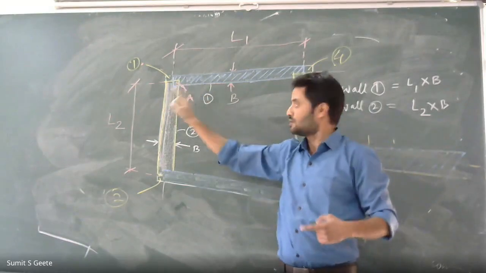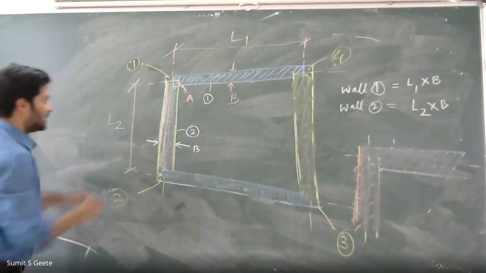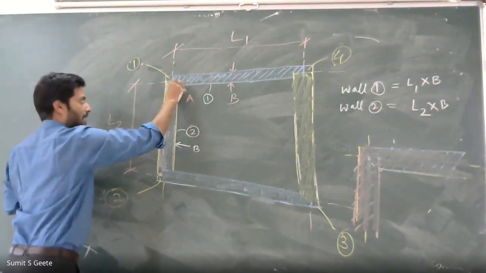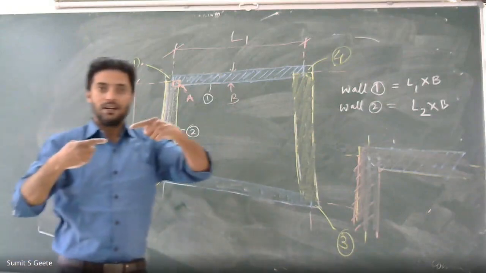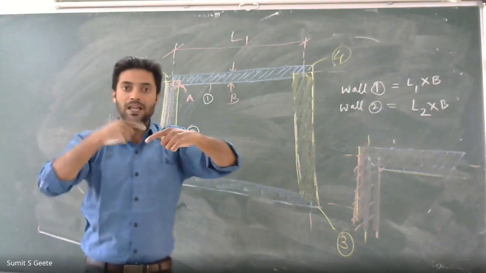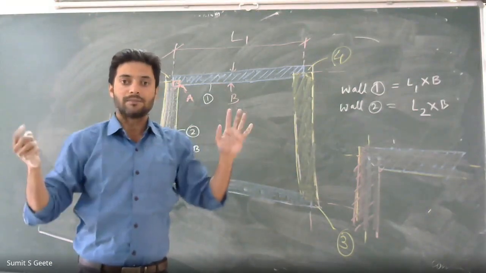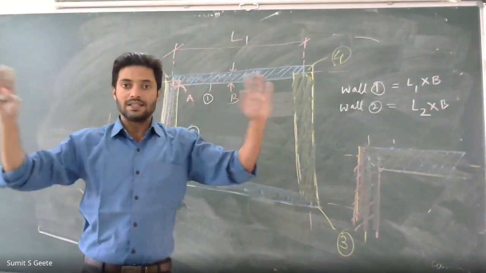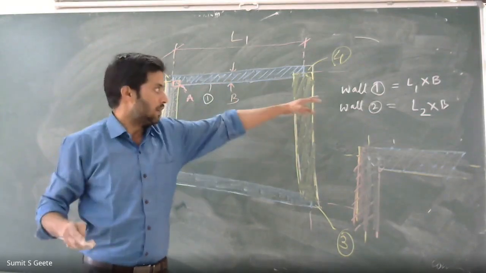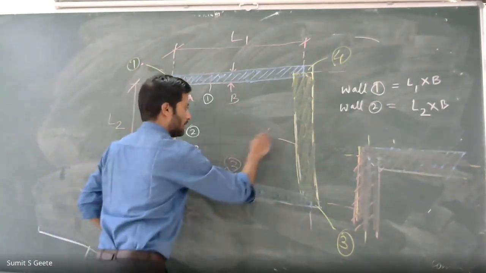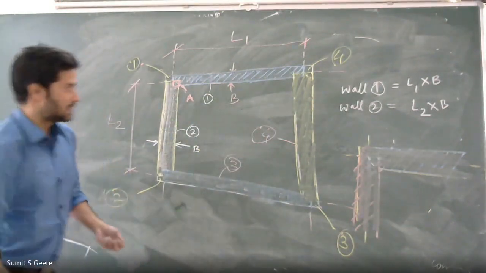Because what happened? This small portion that forms here is repeated twice, and this one is not repeated, which means they are counterbalanced with each other. So there is no necessity to calculate these things. Now, if I want to calculate, this is wall number 3, this is wall number 4. If I want to calculate the area of this, then what do I have to do?